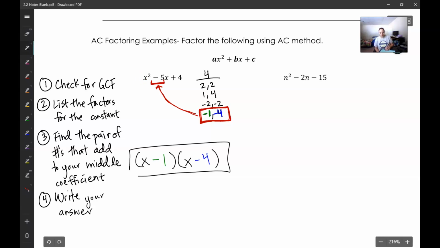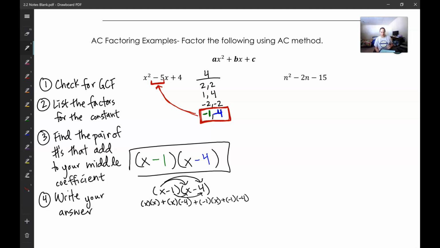Now, if you're doubtful if that is actually the answer, you can do a check step. If I do what I did last lesson, and distribute this in, I get x times x plus x times negative 4. And then I do the other one, plus negative 1 times x plus negative 1 times negative 4.